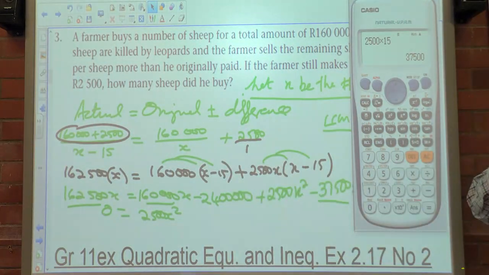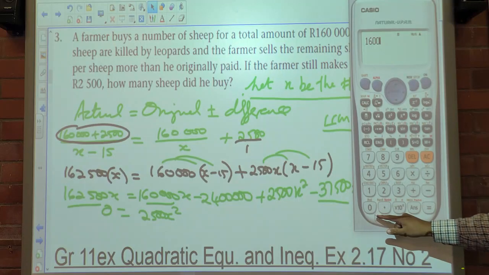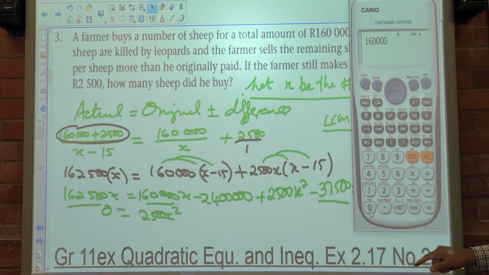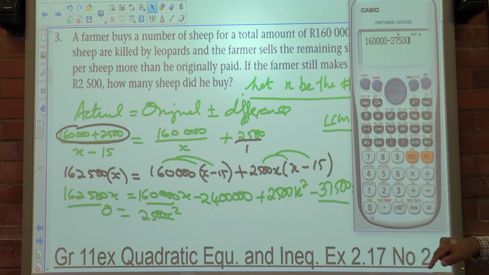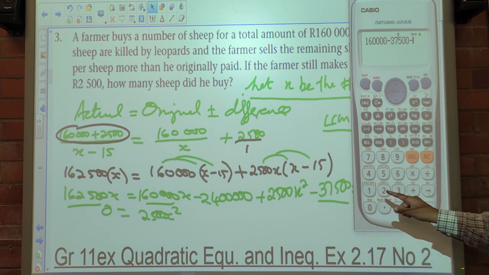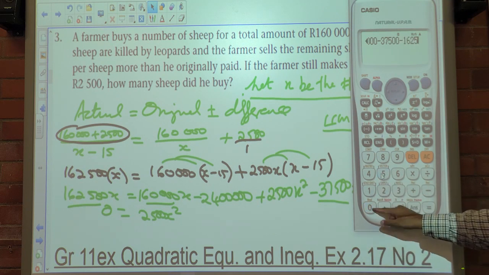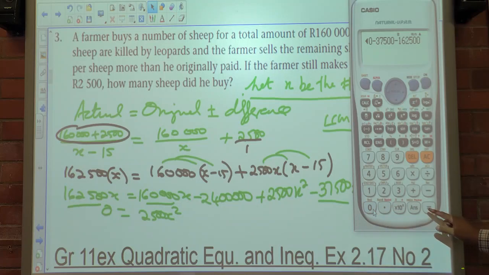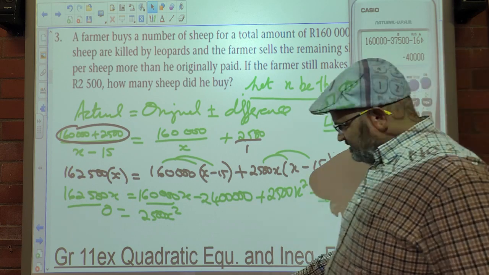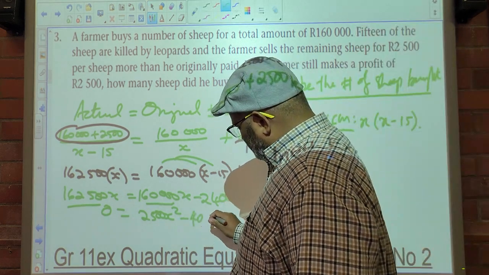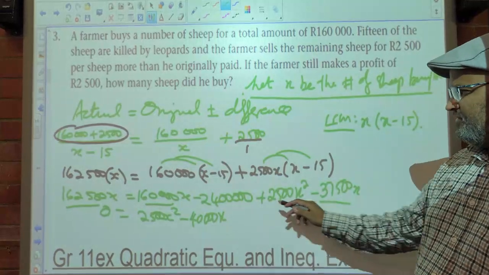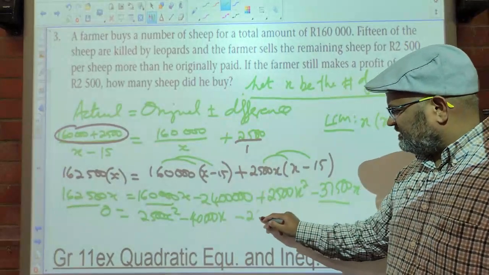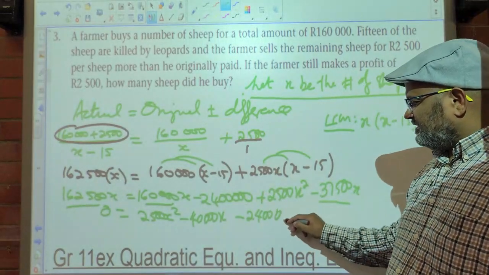So let's start with 160,000 minus 37,500 minus 162,500. This is negative 40,000x. Okay? And of course that's the only constant, so it's negative 2,400,000.